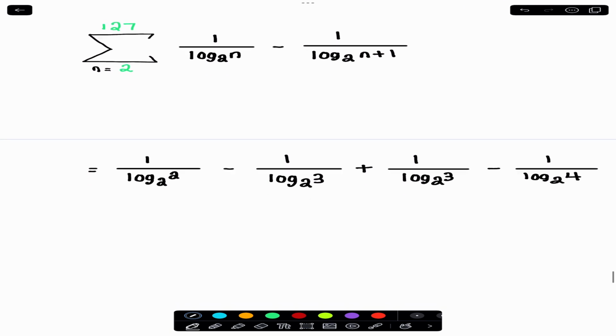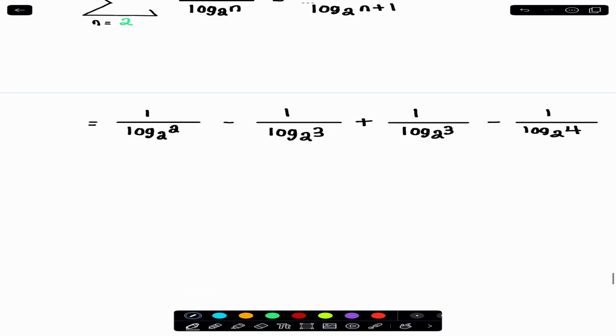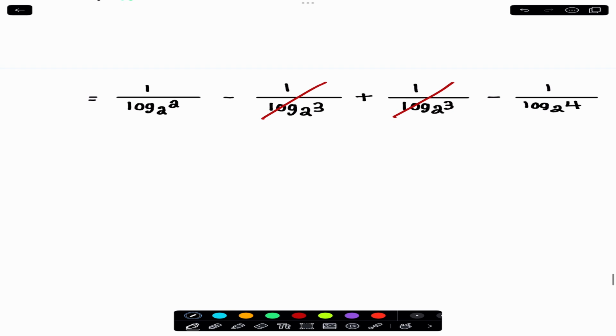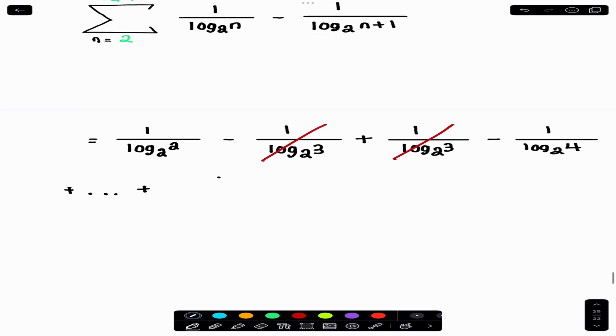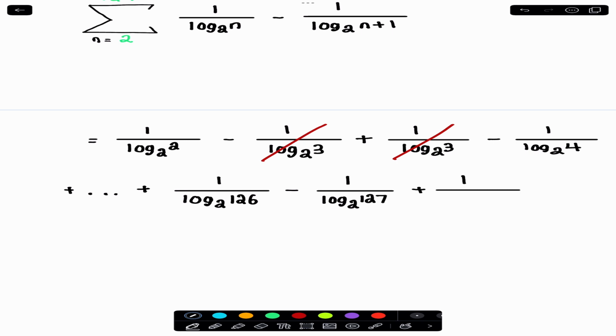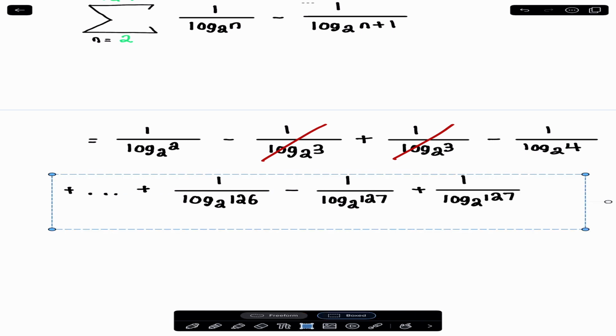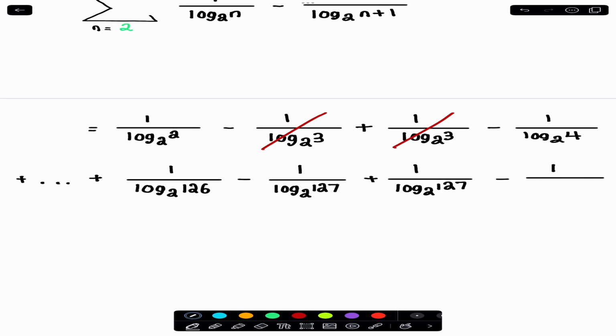Which would give this term, and I think you can already see we have some cancellation going on, some nice telescoping. So this will continue all the way until, let's do the second last term, would look something like this. And these would all go away.